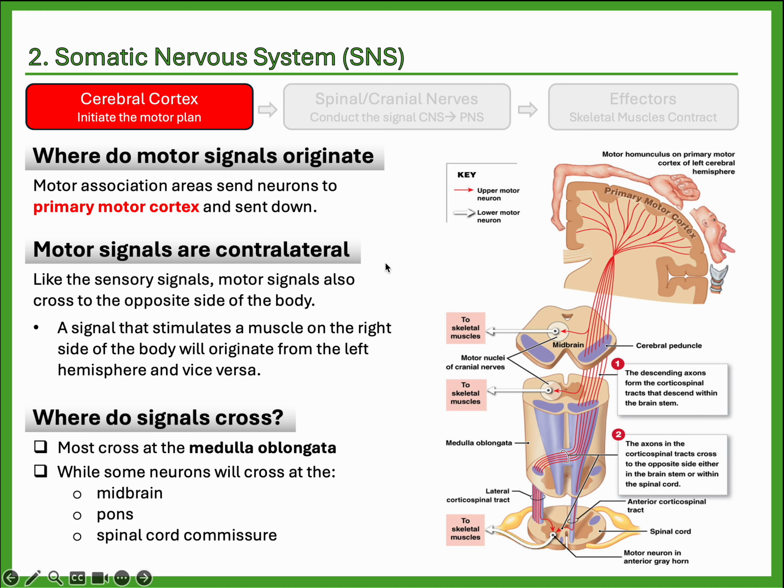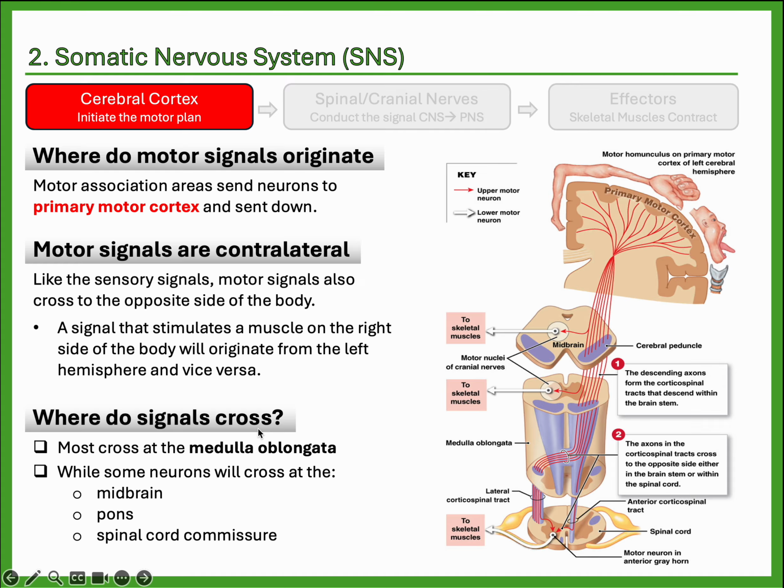If I was in the right hemisphere, I would be controlling my left leg, my left arm, my left part of the face, okay? So I need you to know that they are contralateral. The part of the brain that processes the motor command and sends the signal down reaches the other side of the body, okay?